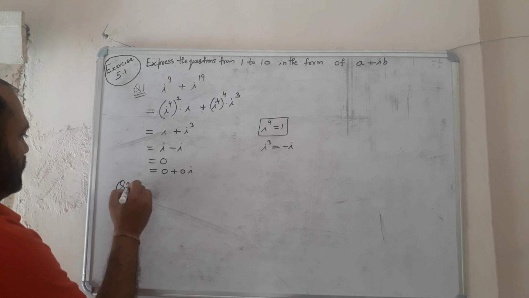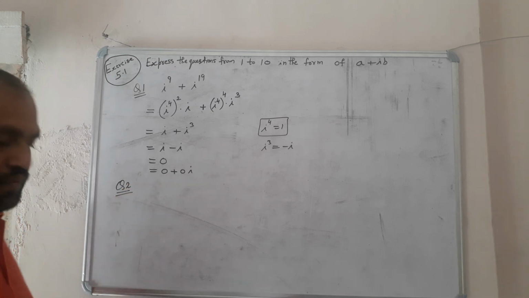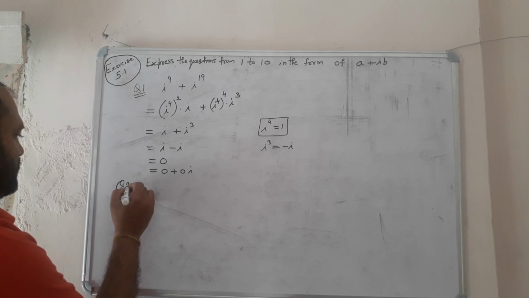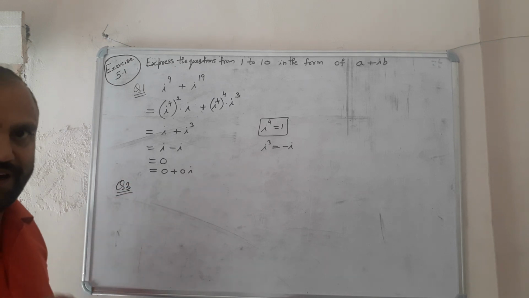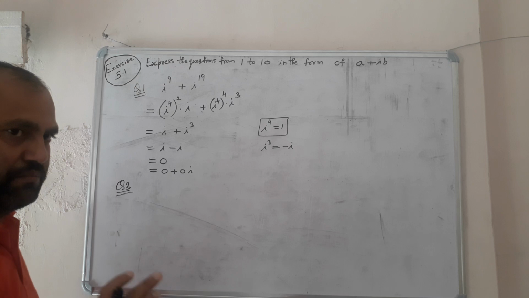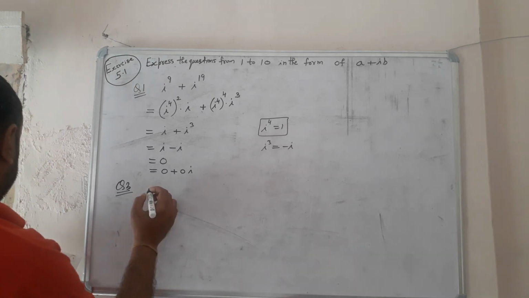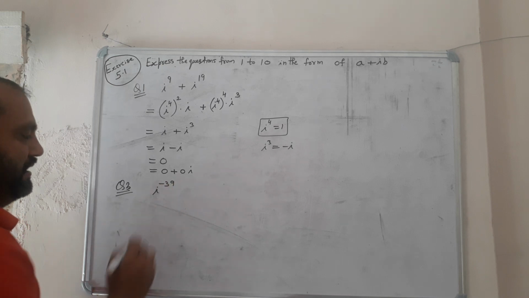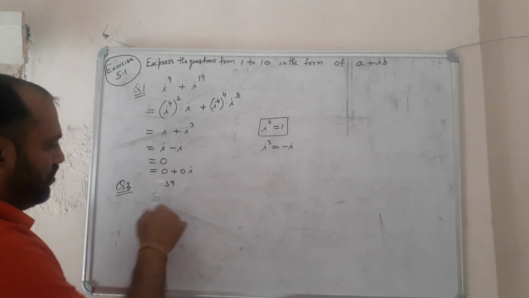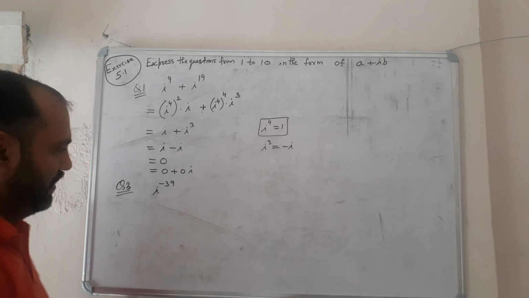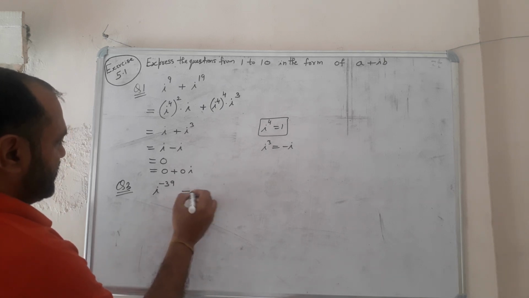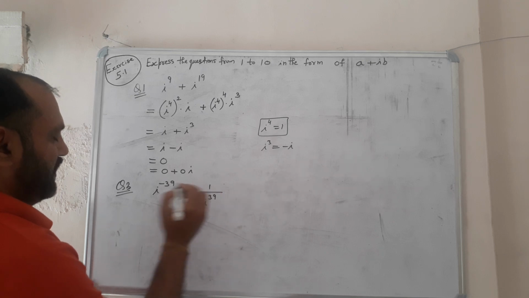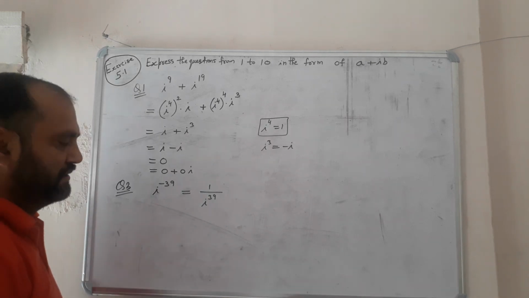Now let us do question number 2. The second question is very simple, so you can try at your home. Let us do question number 3 here: iota raised to the power minus 39. As we know, this is also the integral power of iota. So we can write this as 1 upon iota raised to the power 39.